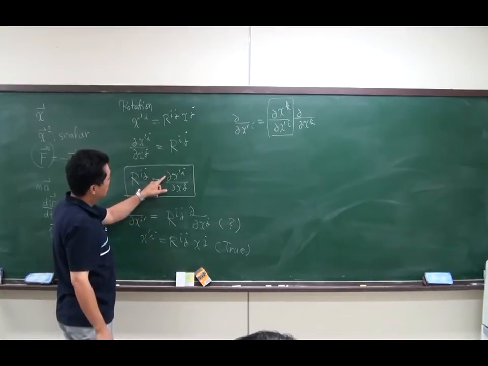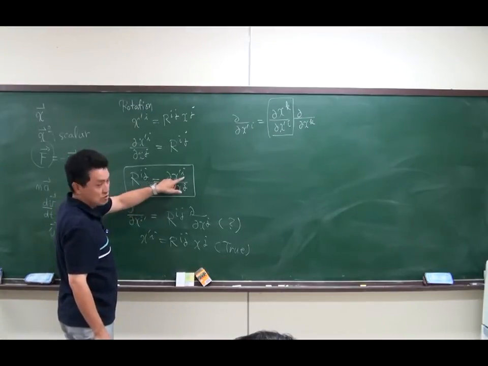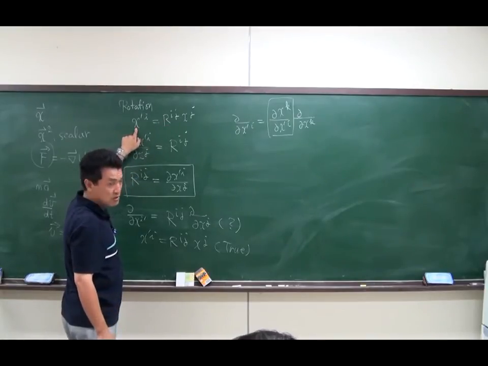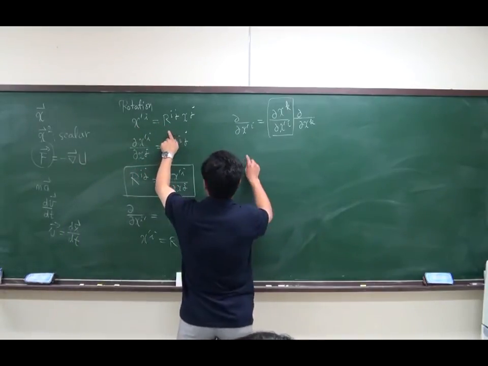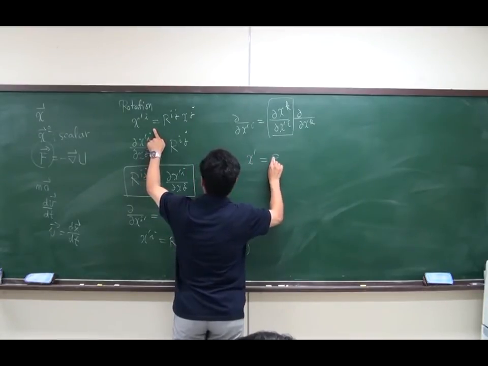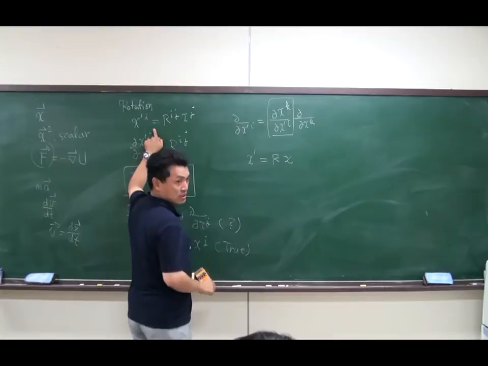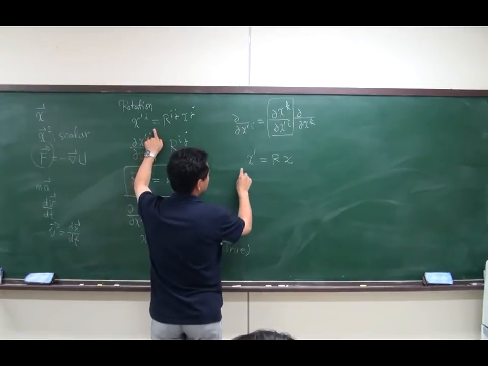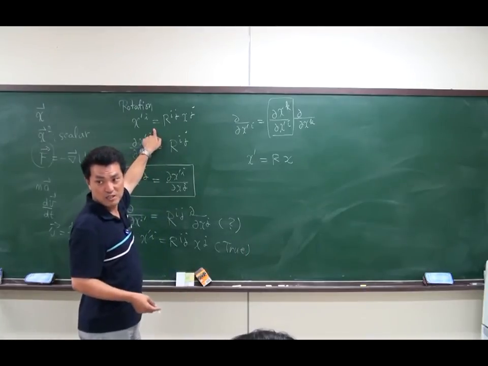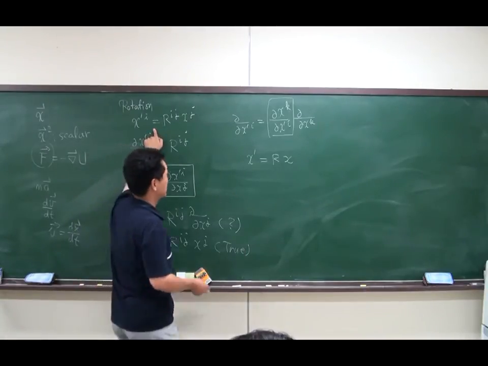What should I do? If I want to find the unprimed in the numerator, what I have to know is the other part. So this is x prime equals R x, something like that. If I multiply R transpose, which is actually the inverse, we remember.